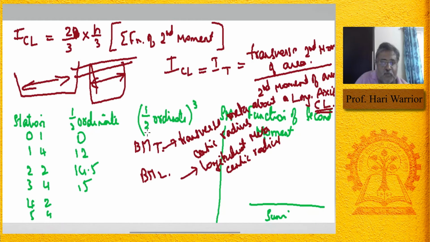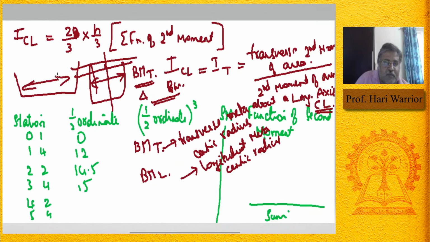When you talk about BMT, we talked about during heeling, what changes occur, how this M moves, all those things I have described only for heeling. So we are dealing with BMT here. For a ship, these values range from about 4 meters to something like 6 to 8 meters.